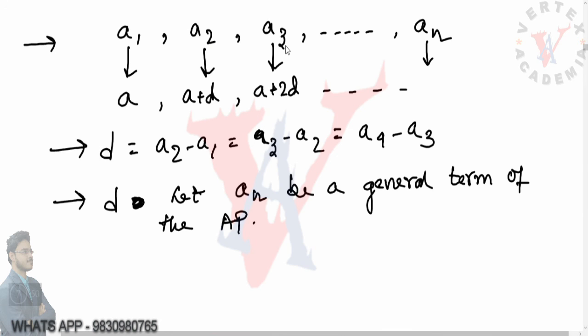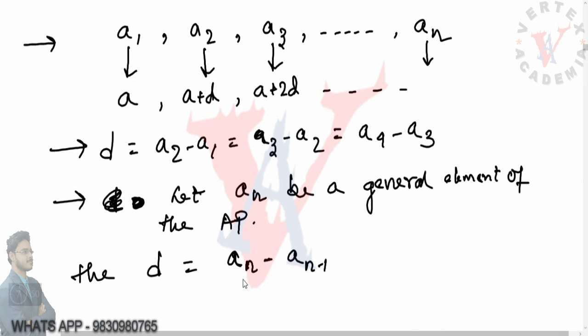So I am just representing it as a general element. Then what is the value of D? D is AN, that term, minus its preceding term, AN minus 1. So if n is 4, for example, then n minus 1 will be 3. Therefore, D will be A4 minus A3, right? I hope this is clear.